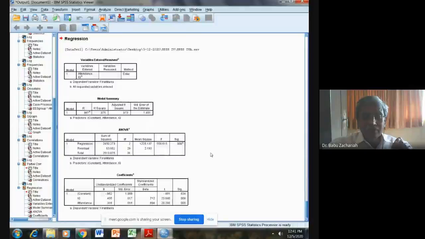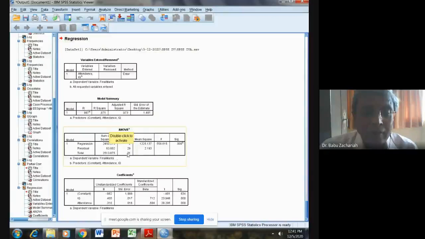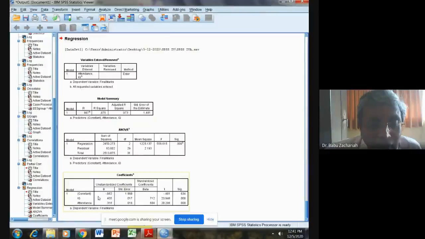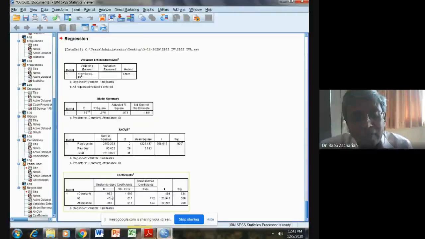So the first is summary statistics, noting the method that was used to calculate. Second is model summary. Third is ANOVA. We require only the last one. Here that minus 0.962, that is constant A, and here 0.405, that is B1, and 0.316, that is B2.